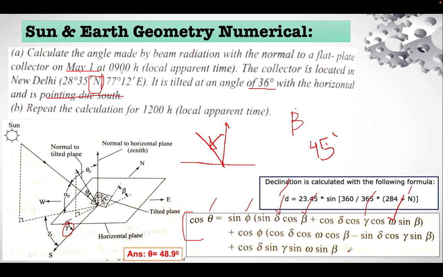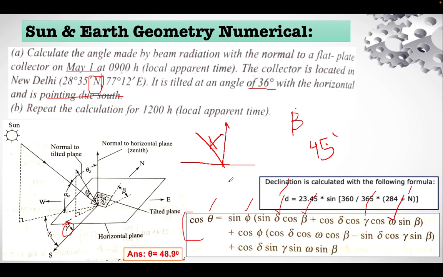So we cancel those terms and calculate cos theta, the angle of incidence. After calculation, you will get theta equal to 48.9 degrees. That's how you can calculate the solar incident angle.